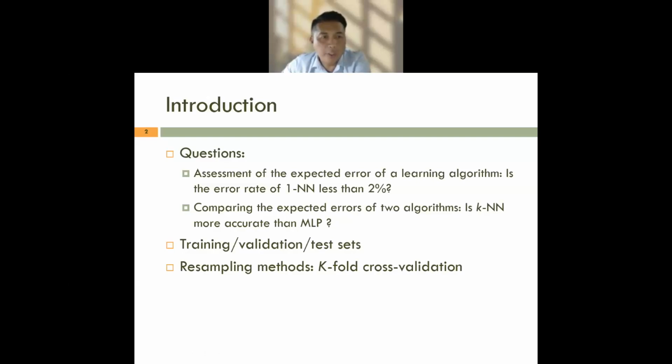So a question like assessment of the expected error of a learning algorithm: is the error rate of 1-NN less than 2%? So this is a sample of a question that could be asked by you. Okay, so you are looking at whether the error rate for the k-NN, k equal to 1, is less than 2% or not, or you want to compare the expected error of two or more algorithms.